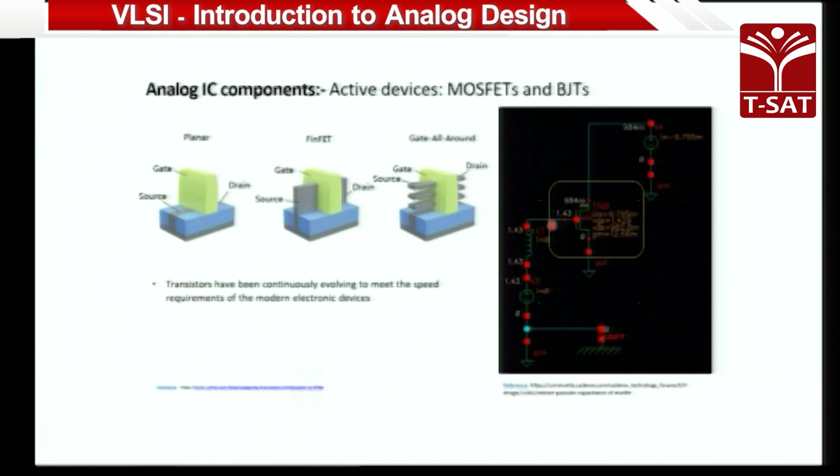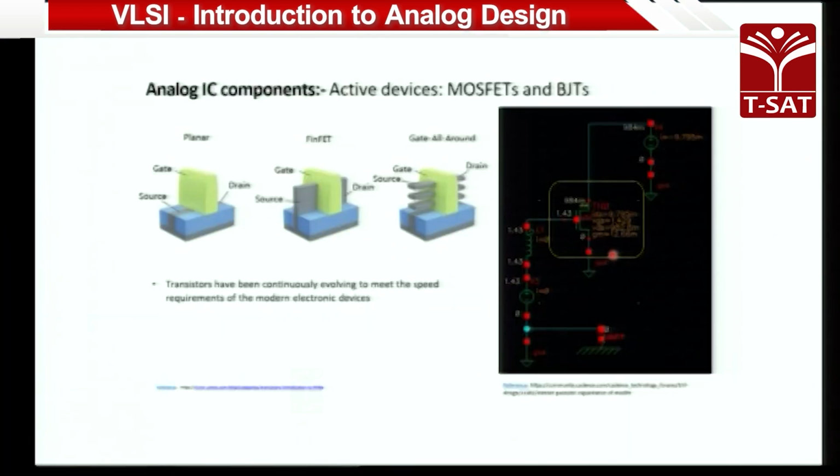The right side is showing the same thing. If you take a PCB, a printed circuit board, you can see some wires drawn and some components fabricated or attached to it. When we do a design, we draw it like this, on a computer in a tool, where this one is the transistor, this one is an inductor, and they are connected in these two fashions. Why would I connect an inductor?